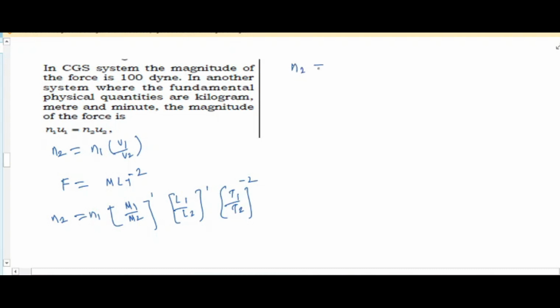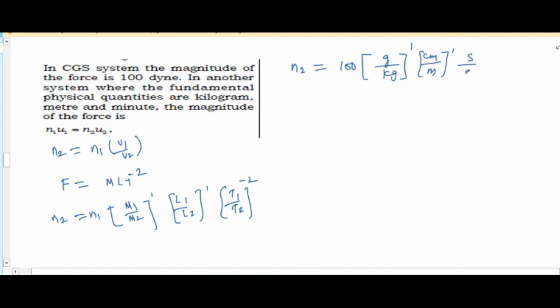Here, ones are considered the CGS system and 2 are the new system where mass is kilogram, length is meter and time is minute. N1 is 100. Ones are taken in the CGS system, therefore mass becomes gram, here it is kg whole to the power of 1. Length is centimeter, here it is meter whole to the power of 1.